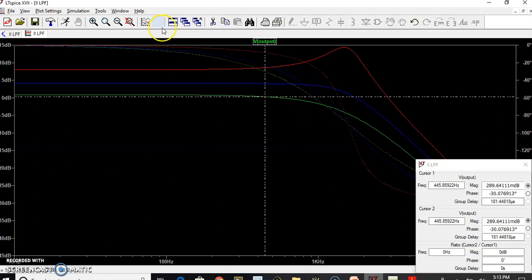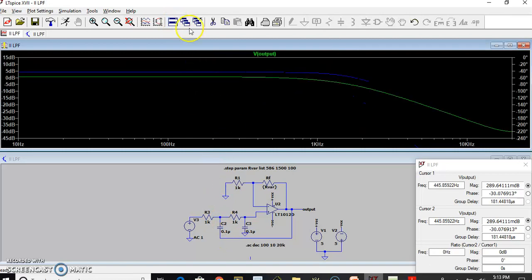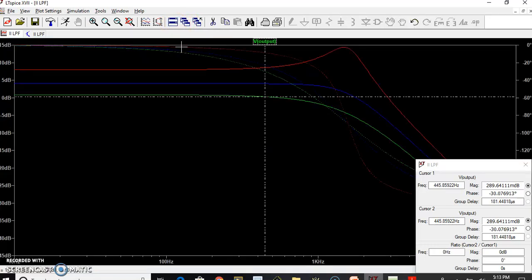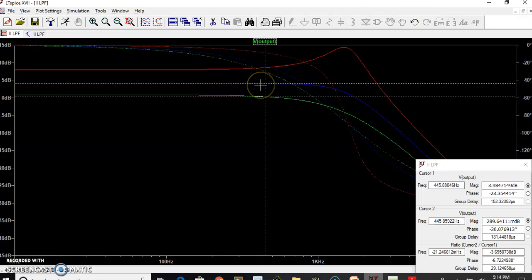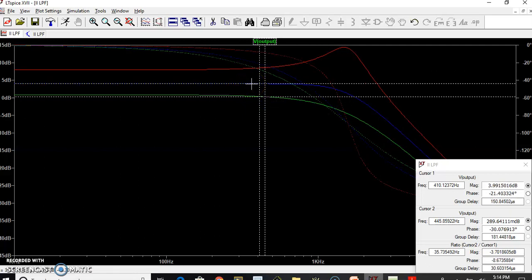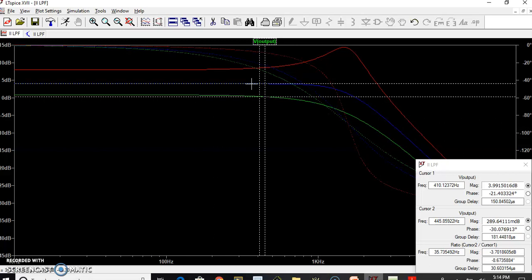Of course, since the values of R and C happen to be 1 kilo ohm and 0.1 microfarad, the cutoff frequency of this circuit is actually 1.59 kilohertz, which you can see here. Now let me move this cursor and see what the gain is.